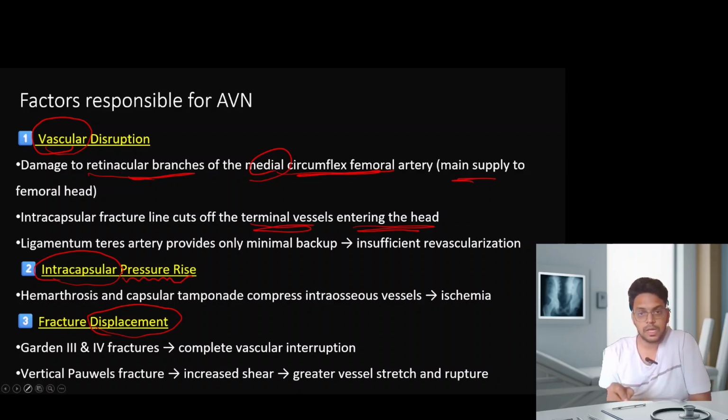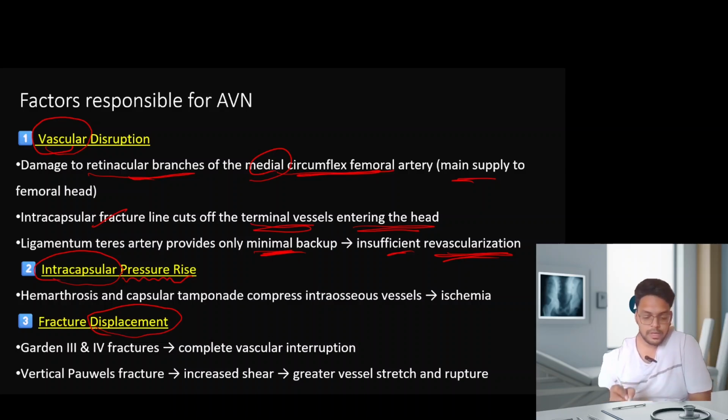These are the terminal vessels entering the head, and this blood supply is cut off because of the fracture. The ligamentum teres artery, or foveal artery, provides only minimal backup, so there is insufficient revascularization for the femoral head.